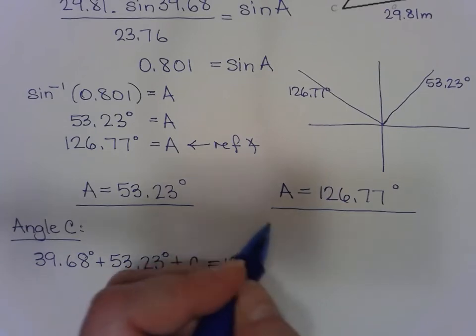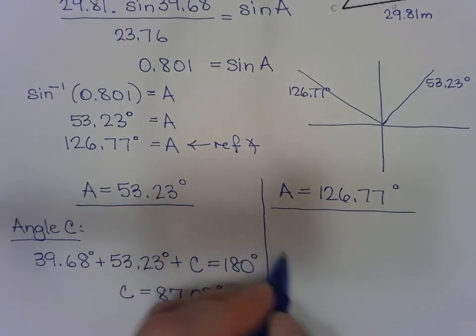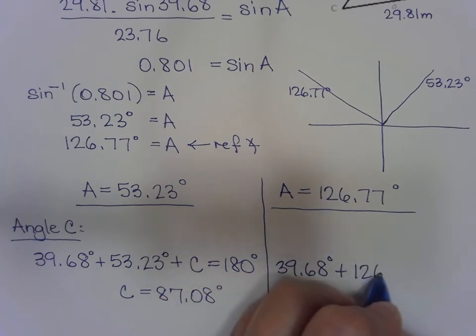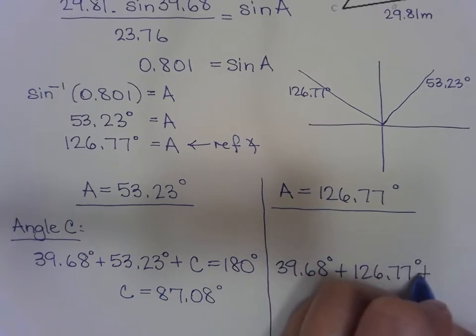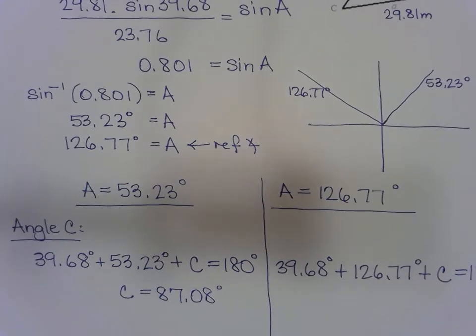Okay, if I do the same thing over here, we're going to have 39.68 degrees plus 126.77 degrees plus angle C, that's going to give us 13.55 degrees.